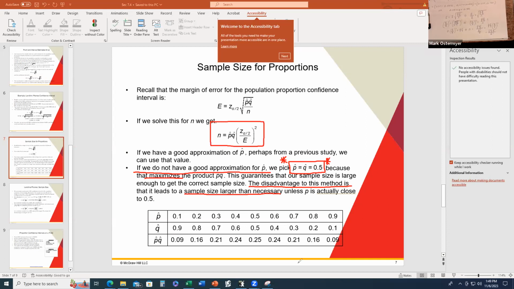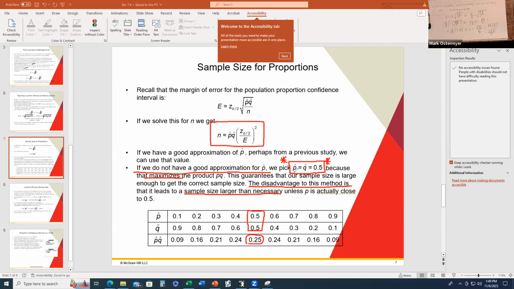And this table down here is just showing that the maximum product of P hat and Q hat does occur when P hat and Q hat are both 0.5. So the idea again is if you don't know P hat, always err on the side of caution and err on the largest possible sample size you can. Because again, when it comes to sample size, larger is better. That's always the case.